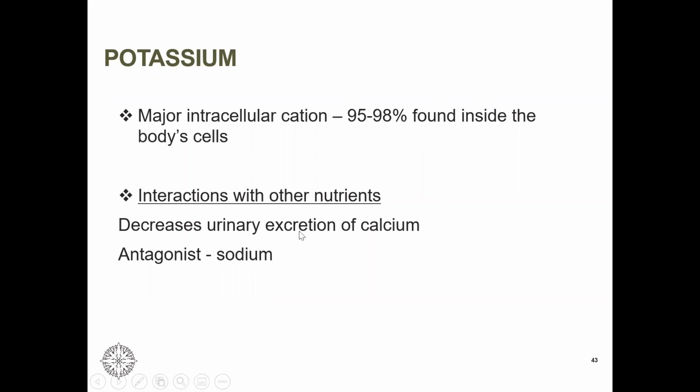It decreases urinary excretion of calcium. If you are consuming a lot of potassium, I'm not talking about normal physiological amounts, if you are just consuming high potassium, then it may impact urinary excretion of calcium. Would anybody like to share any functions of potassium and food sources if anybody has heard?